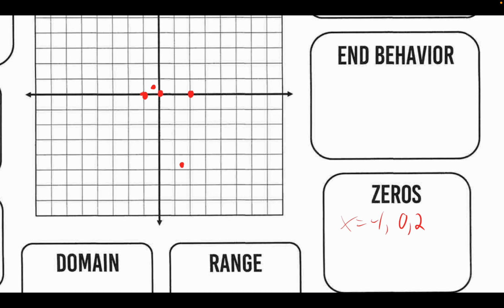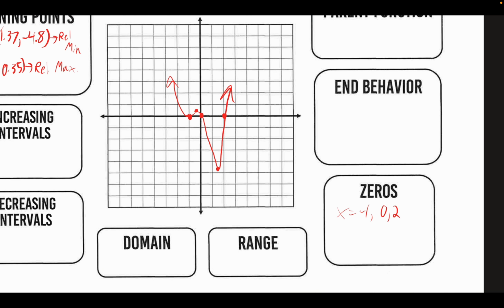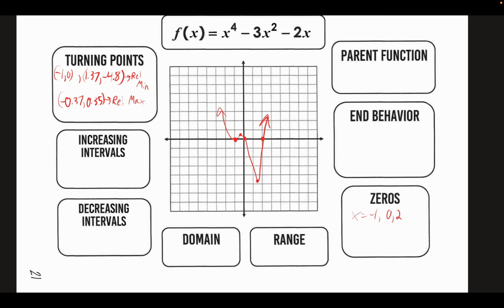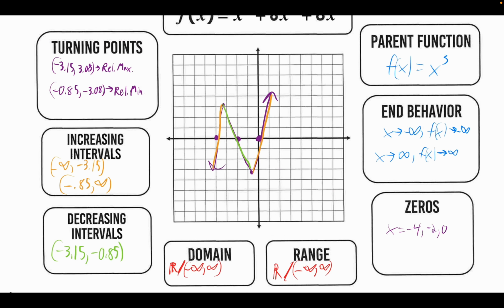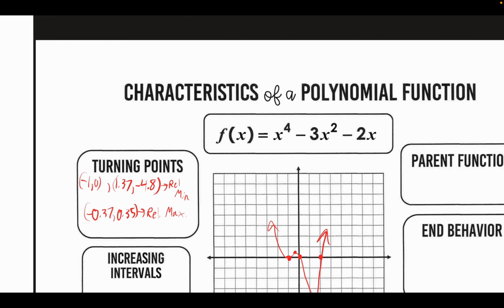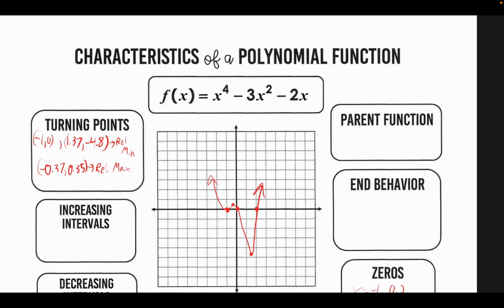And one of my relative minimums was a 0, so that took care of graphing that one. And there's our graph, where we could have known the end behavior already from the parent function, given that it's a quartic, or a degree of 4.